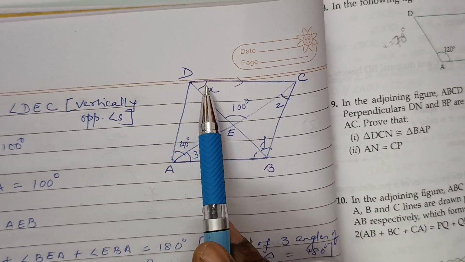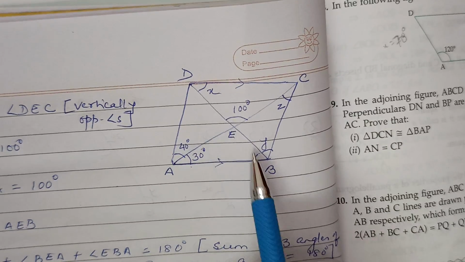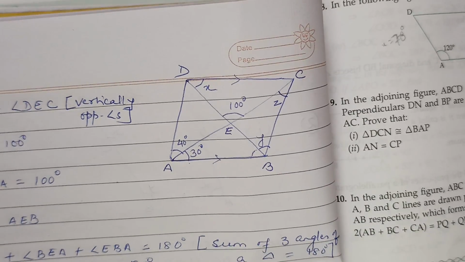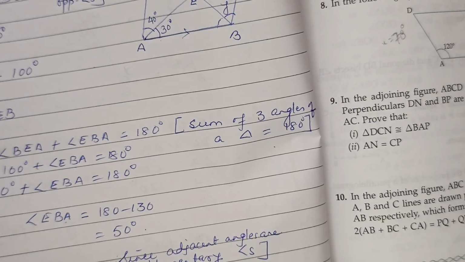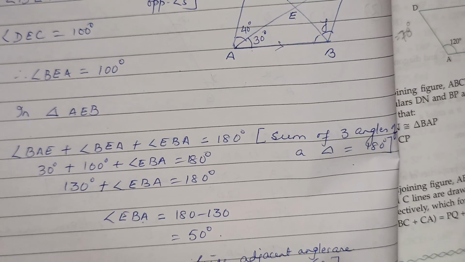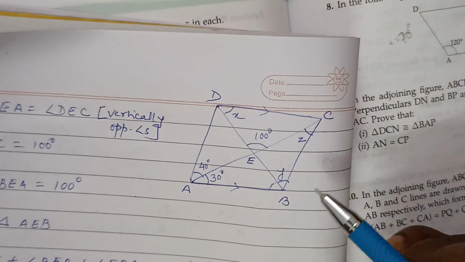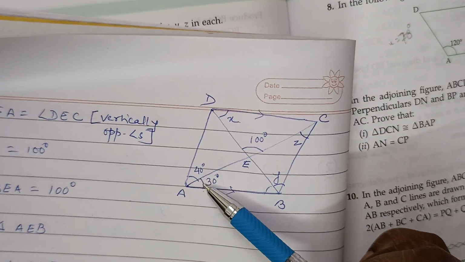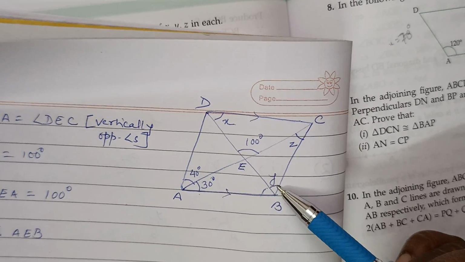Now this angle will be equal to angle X, again alternate angles, right? So X will be equal to 50 degree, alternate angles. Now we have to find out Y. Now angle A plus angle B will be equal to 180 degree, adjacent angles.